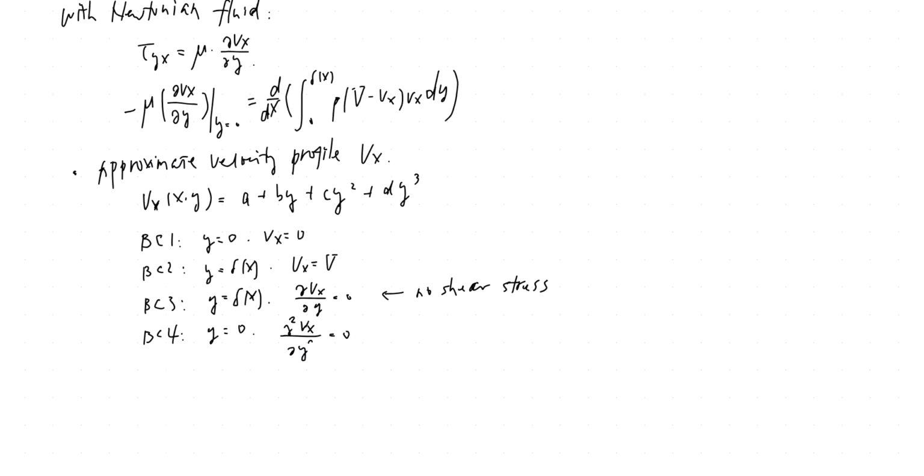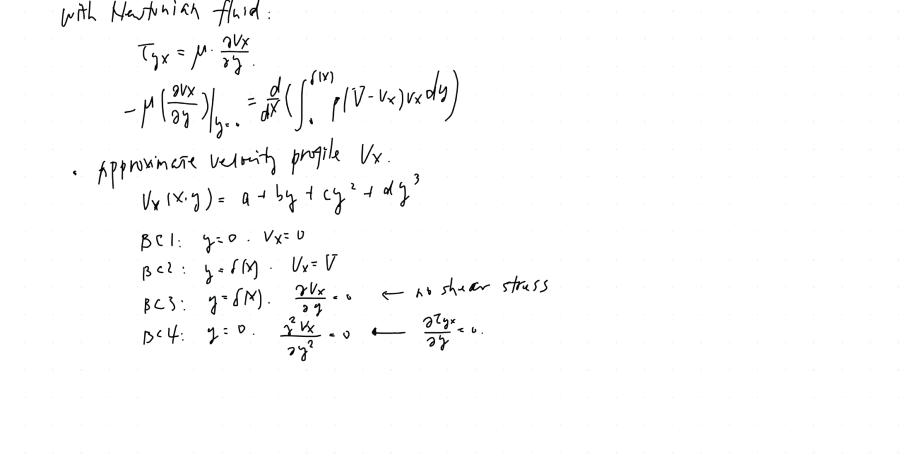And you may wonder why this is the case. What's the physical intuition behind that? You can see the second order derivative of Vx with respect to y gives you 0. It means the first order derivative of shear stress is 0.